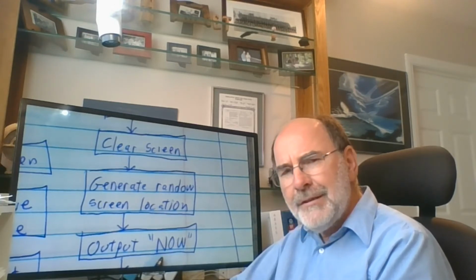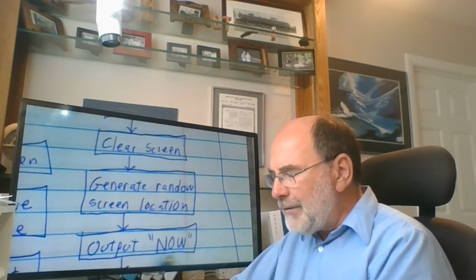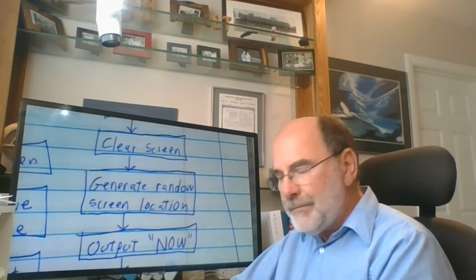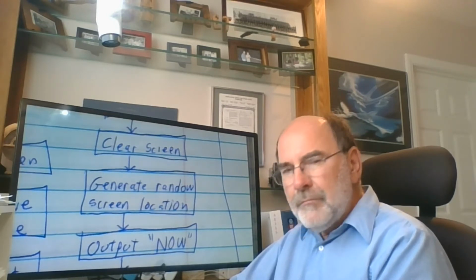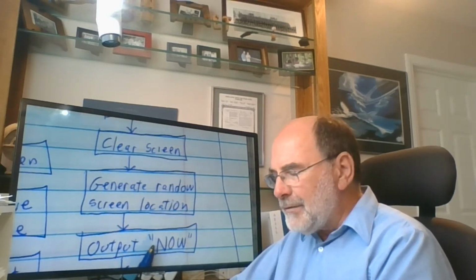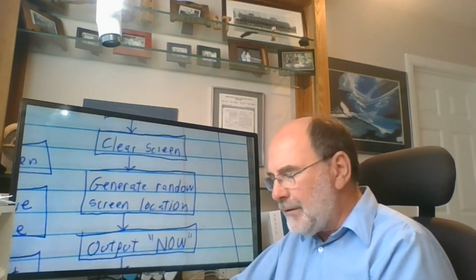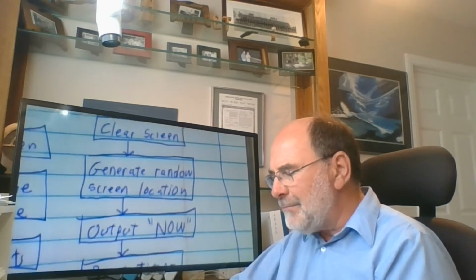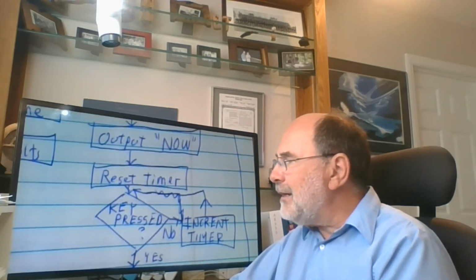So if there's only 16 columns on your screen and you have a 3-letter word that you want to post, you don't want to start posting it in column 16 or 15. You could start in column 14, 15, 16. All right. So I had to output the word NOW someplace on the screen randomly. Then I reset a timer.